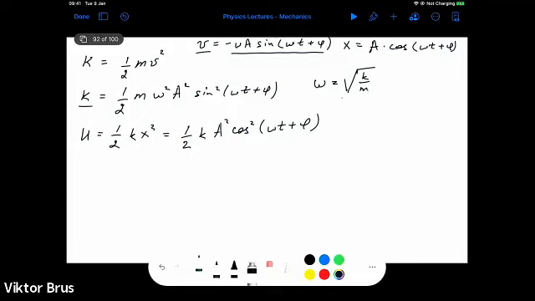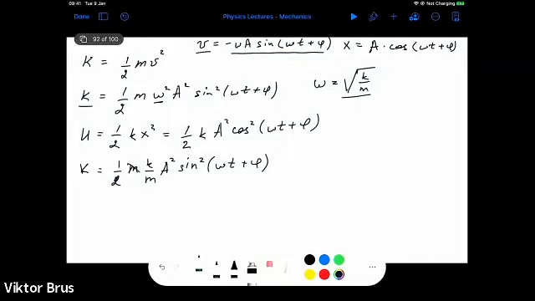So let's substitute this instead of omega here. So let's write kinetic energy is equal to 1 over 2 times m times k divided by m a square sine square omega t plus phi.